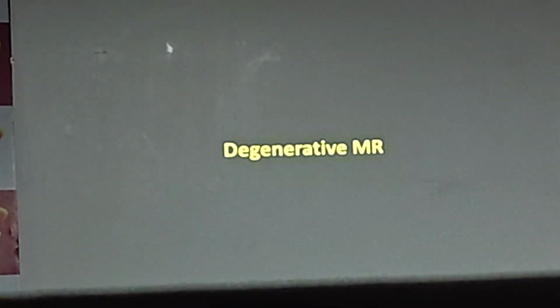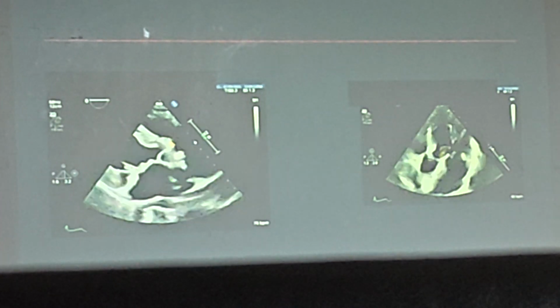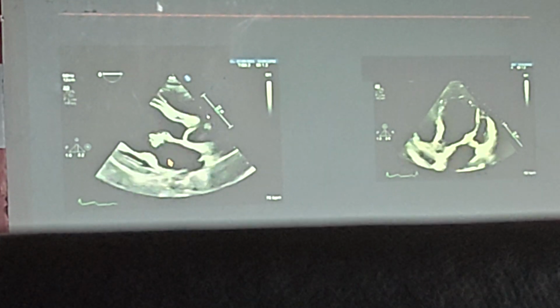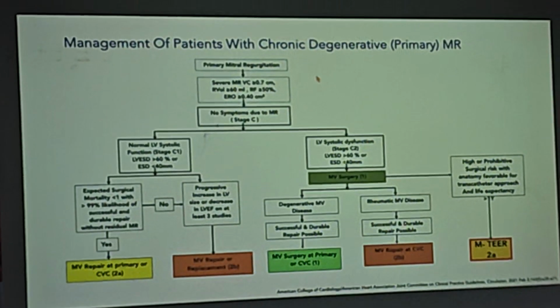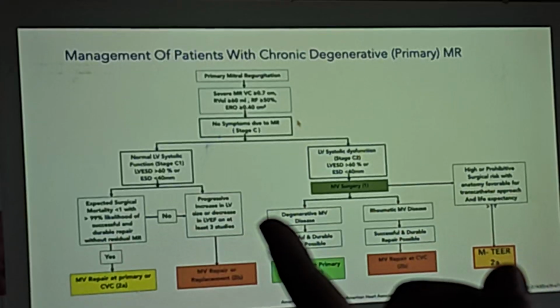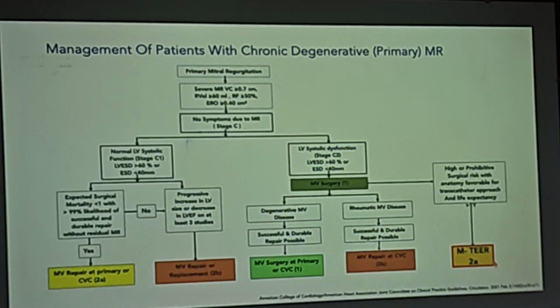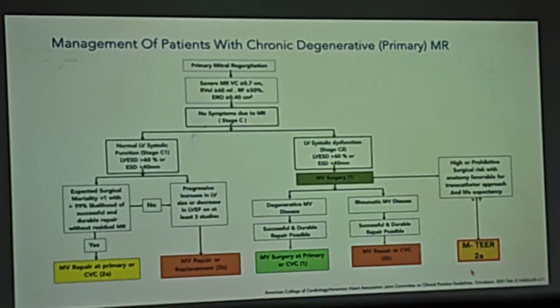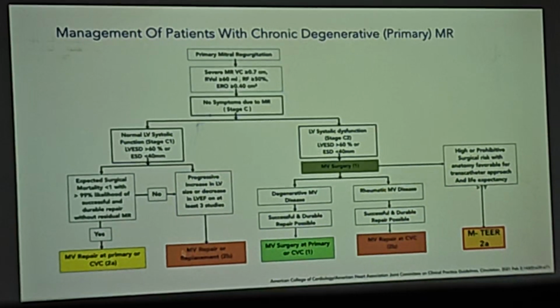Now the mechanism of the MR. In terms of transthoracic, you have the myxomatous valve over there, and then the bileaflet prolapse. You have this algorithm of how you want to approach the primary MR, and again the focus here is on the TEER, where the class of recommendation is 2A, and this is for the primary MR, but the focus is always on surgery, so that's the first thing as far as primary MR is concerned.